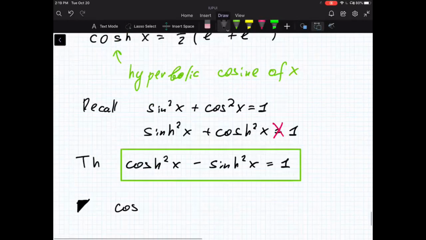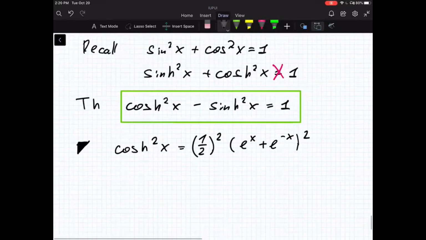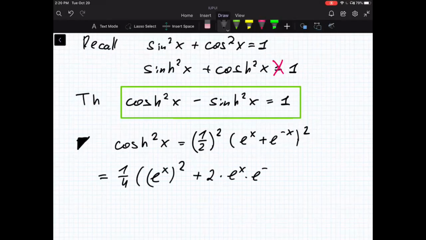You have that hyperbolic cosine squared of x is equal to 1/2 squared times exponential of x plus exponential of minus x, squared. And this is 1/4 exponential of x squared. Firstly, plus 2 exponential of x exponential of minus x plus exponential of minus x squared.